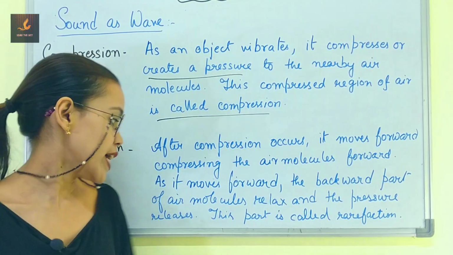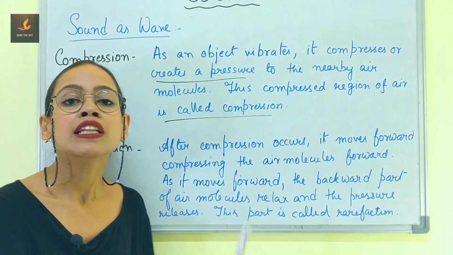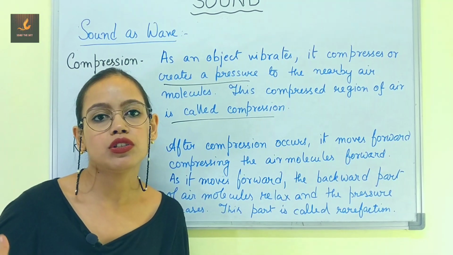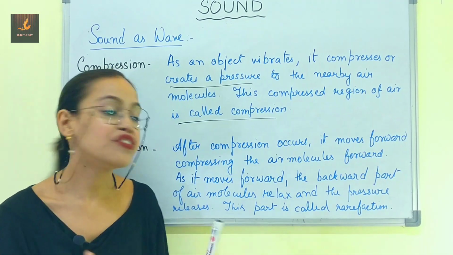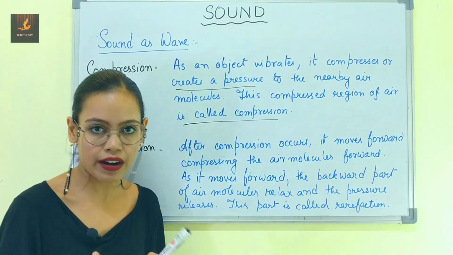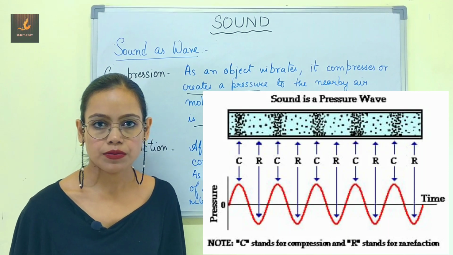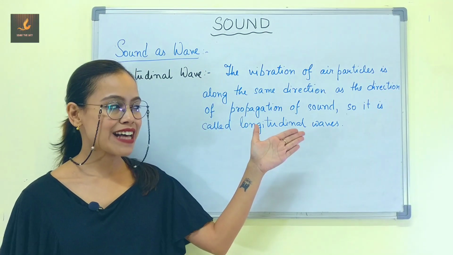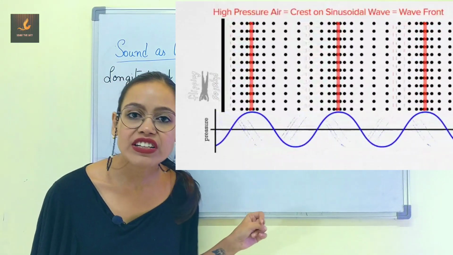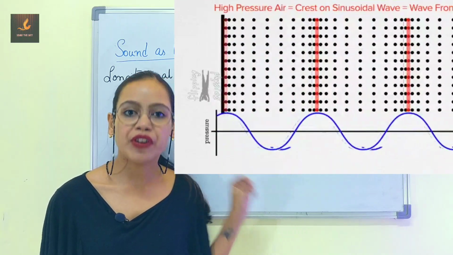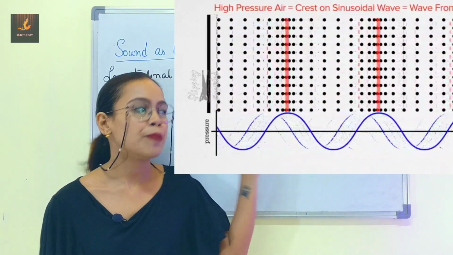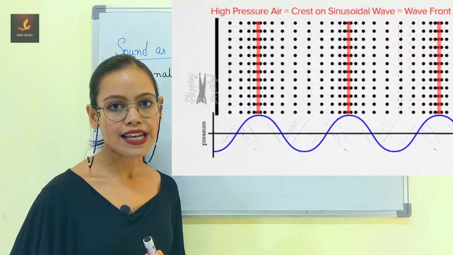As it moves forward, the remaining air molecules behind it relax and release the pressure which was inside them. So this part is called rarefaction. This is how sound waves travel in air, creating periodic and alternating compressions and rarefactions.